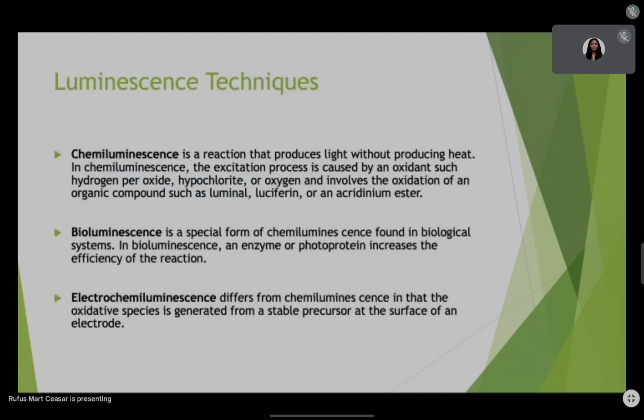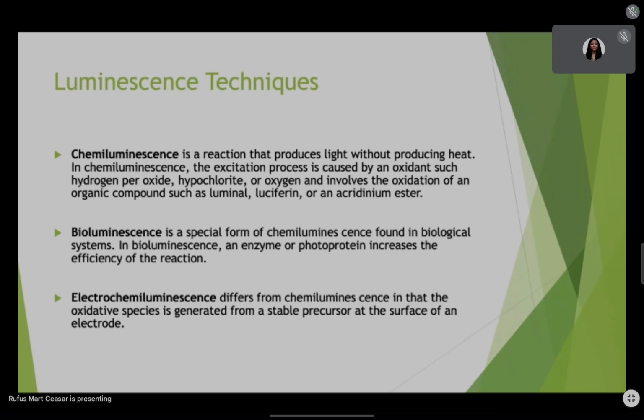So other than that, there are many luminescent techniques. So ito, FYI na lang, chemiluminescence is a reaction that produces light without producing heat. So in chemiluminescence, the excitation process is caused by an oxidant such as hydrogen peroxide, hypochlorite, or oxygen, and involves the oxidation of an organic compound such as luminol, luciferin, or an acridinium ester.